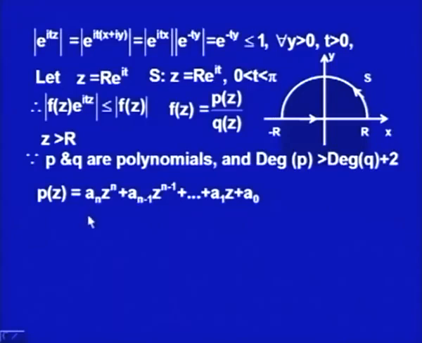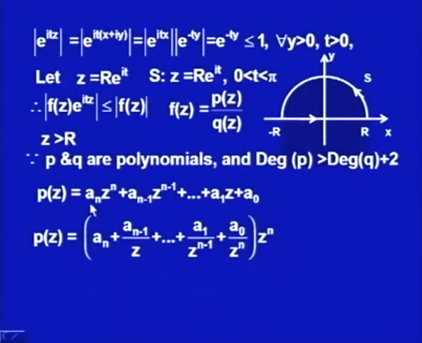Now, take this z to the power n common, because we are taking z greater than r. We could write it as a n plus a n minus 1 upon z and so on, plus a 1 upon z to the power n minus 1 plus a naught upon z to the power n, into z to the power n.